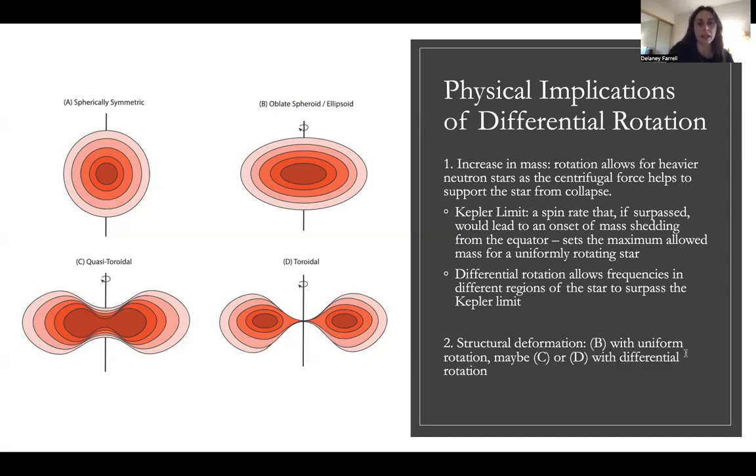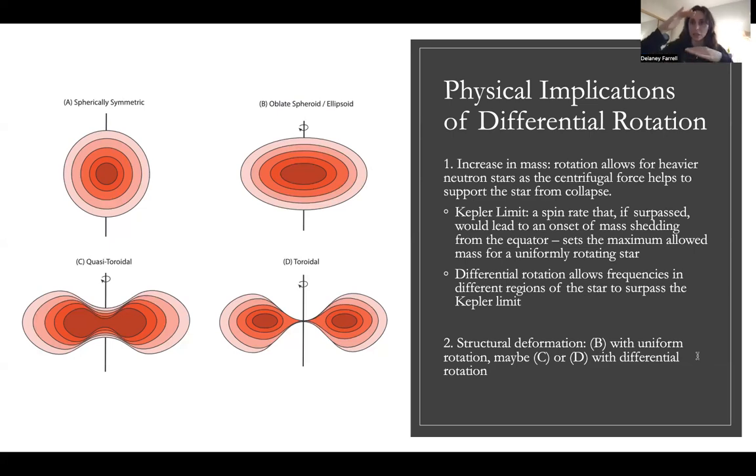Other than an increase in mass, differential rotation also will deform the physical structure of the star. I've shown a diagram here on the left side that shows four panels. Panel A is spherically symmetric. This is what we assume non-rotating neutron stars look like. Panel B is what we assume lightly differentially rotating or uniformly rotating stars will start to form.